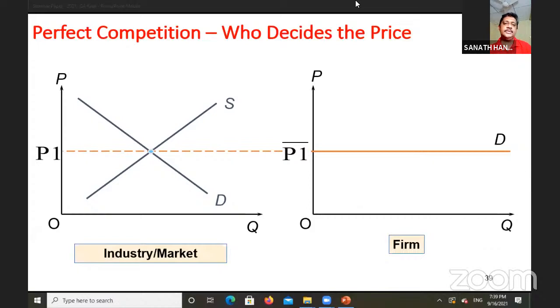This means the market demand curve is based on the law of demand.